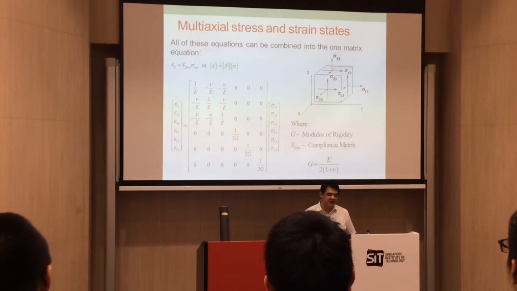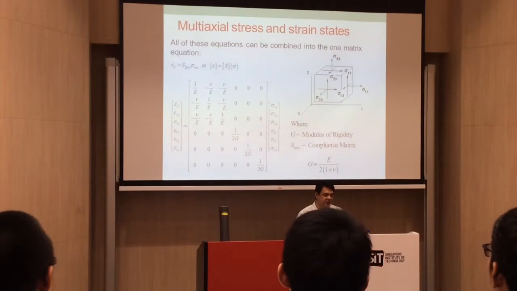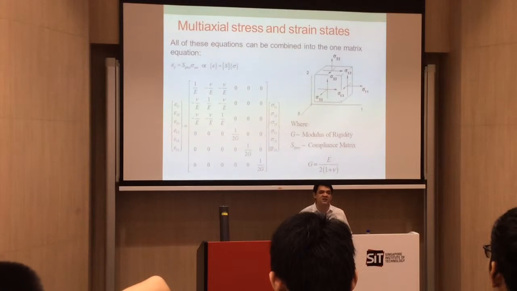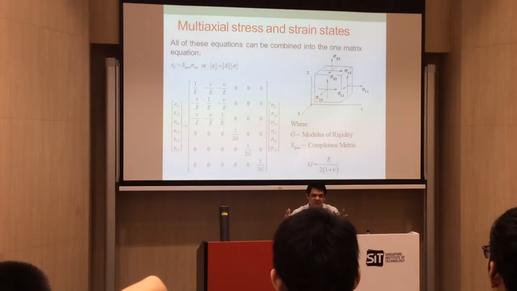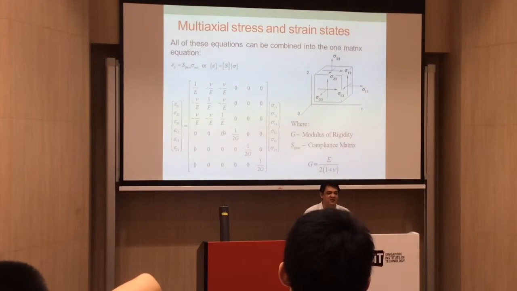So as you can see, this is the simplest form at the moment. On your left side you have a strain, and this one is a stress. If you put stress on one side equal to a stiffness matrix multiplied by your strain, then this matrix here will be complicated. So this is not the stiffness matrix, this is the compliance tensor.